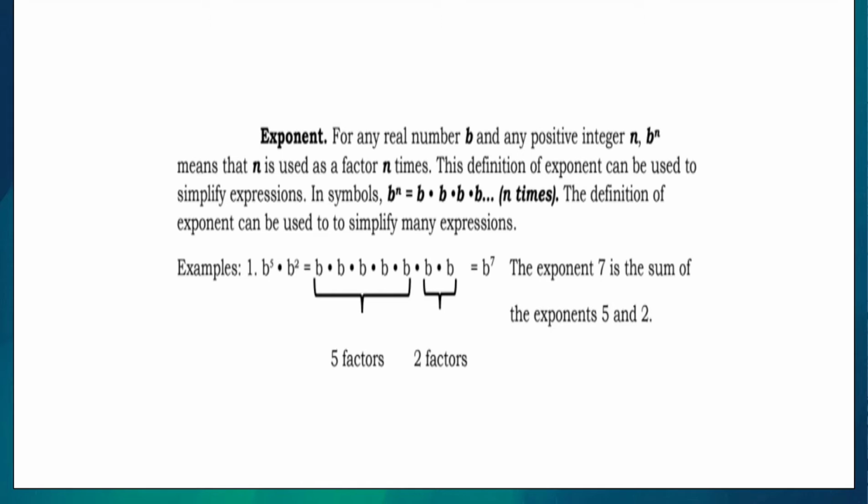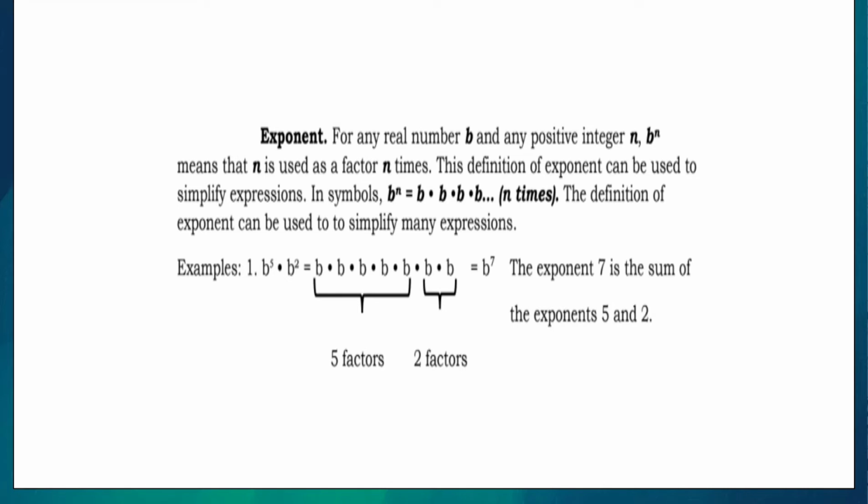In symbols, b to the power of n equals b times b times b times b, and so on, n times. The definition of exponent can be used to simplify many expressions.